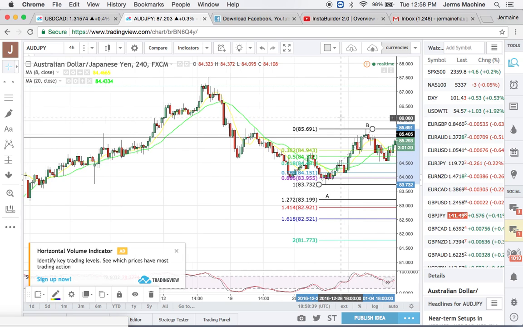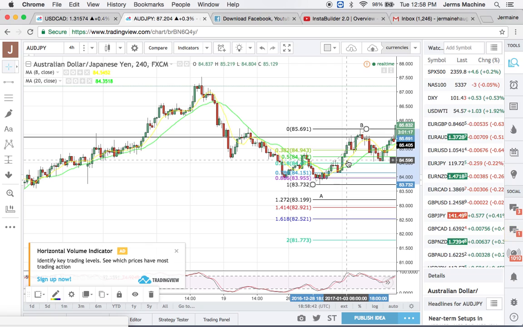All right, so it pulled back, and you can see it came all the way really, really close to the 61.8, right? If you're looking for a trade in the direction of the trend, that is always a good area to get in at, the 61.8, right? And it should bring you back in the direction of the trend, because the next high should be higher than what B is.